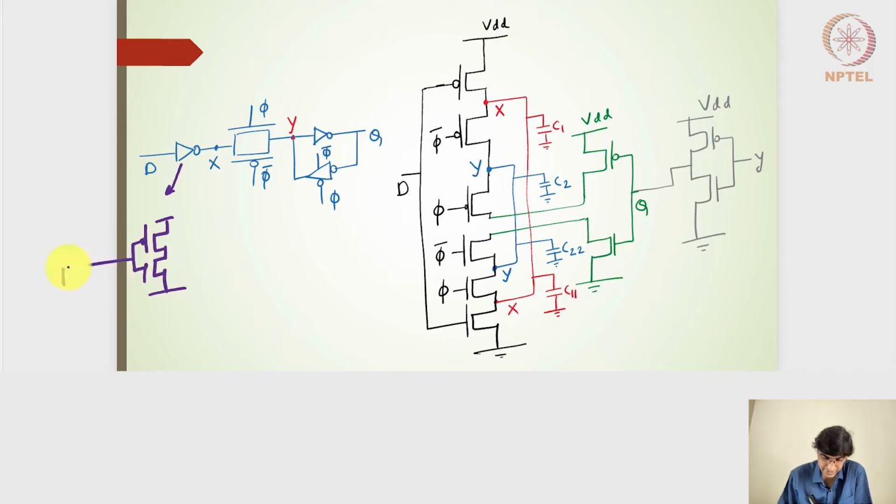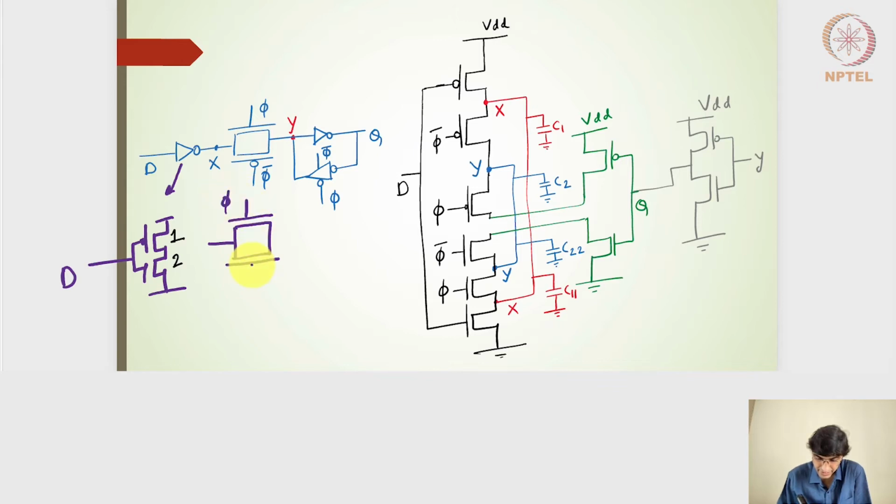This is my D input, and let me also number it out. This is transistor PMOS number 1 and NMOS number 2, or rather I'll say transistor number 1 and transistor number 2. And this is the transmission gate. I'll redraw the transmission gate, because it anyway has transistors.